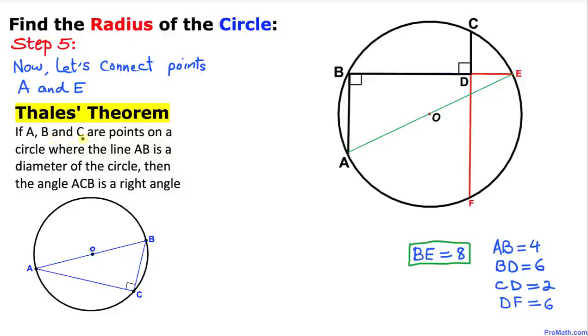If A, B, and C are points on a circle where the line AB is a diameter of the circle, then the angle ACB is a right angle. So in our case, if we have this right triangle and these points A, B, E are on the circle, then this AE is our diameter according to this theorem.